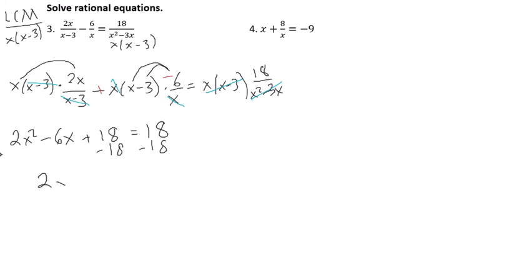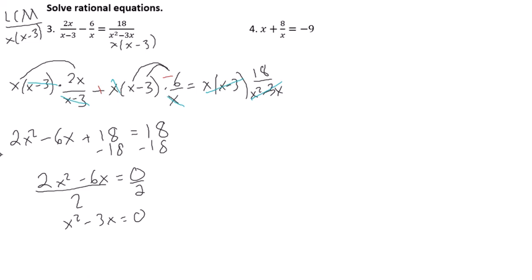Then we have 2x squared minus 6x equals 0. I see that everything here are even numbers, so I'm going to just divide by 2 to make my numbers easier to work with. Then I have x squared minus 3x equals 0.